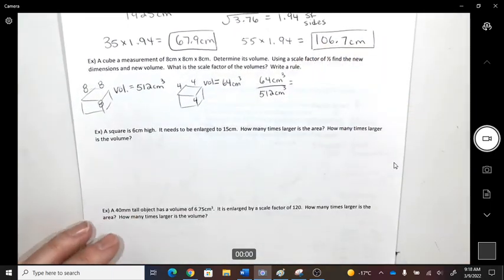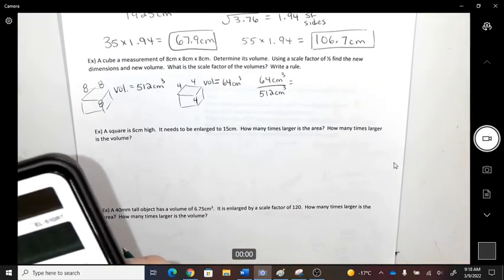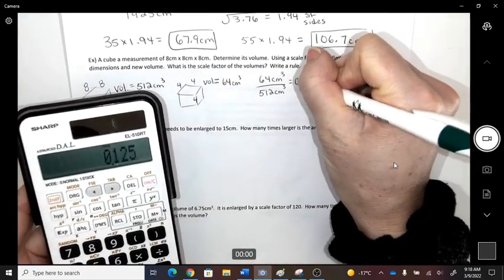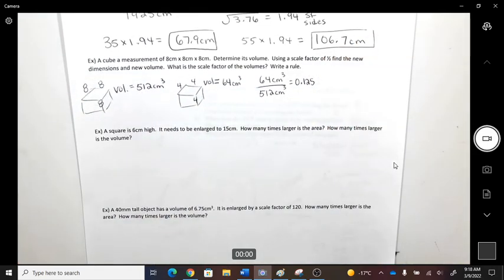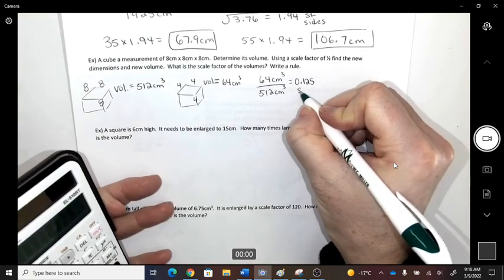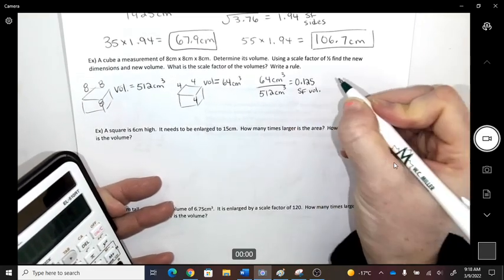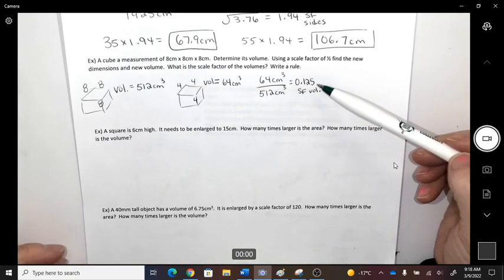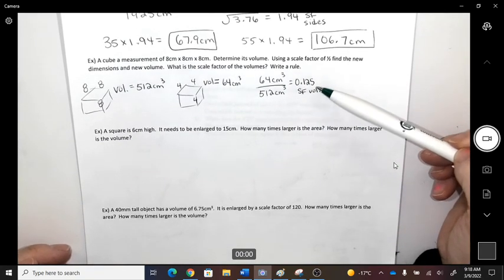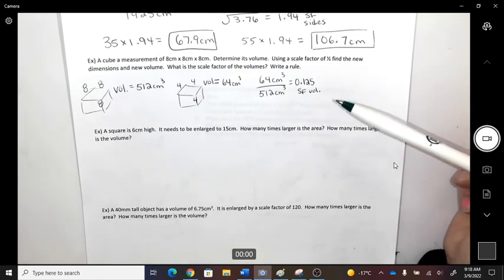So what do those numbers divide to? 0.125. So that is what the scale factor is between the volumes.